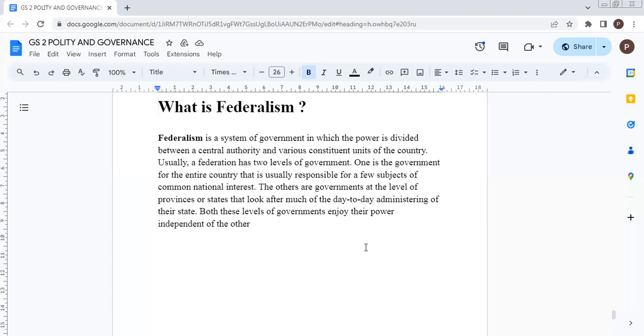Here, decentralization has taken place, where the central government, on the basis of administrative efficiency and to represent grievances and their ramifications at the basic level, allowed the states to exist.